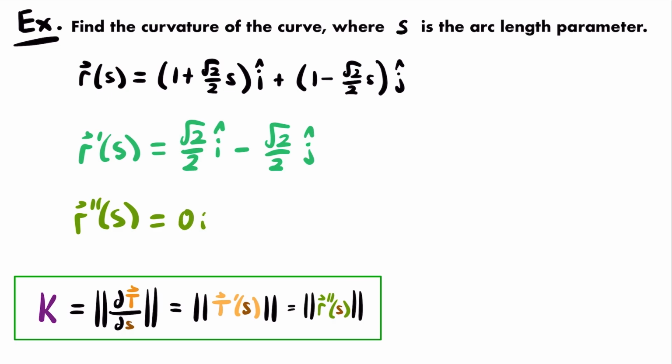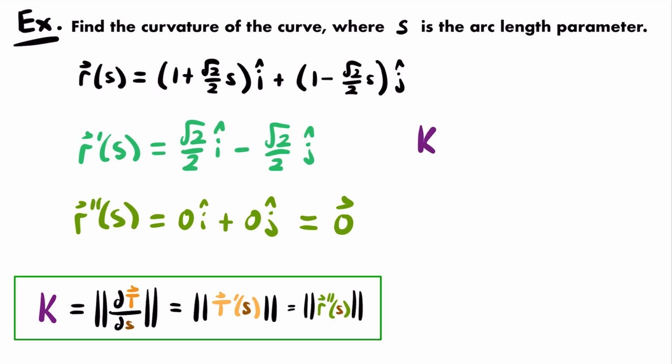So we get 0i plus 0j, which ultimately means that the second derivative of our vector function in terms of s is the 0 vector. Both of the components are 0, so it is just the 0 vector, which means that when we go to calculate the curvature here, we're going to be taking the magnitude of the 0 vector, which is just 0. The 0 vector doesn't have a length, it has no magnitude, it is just 0.